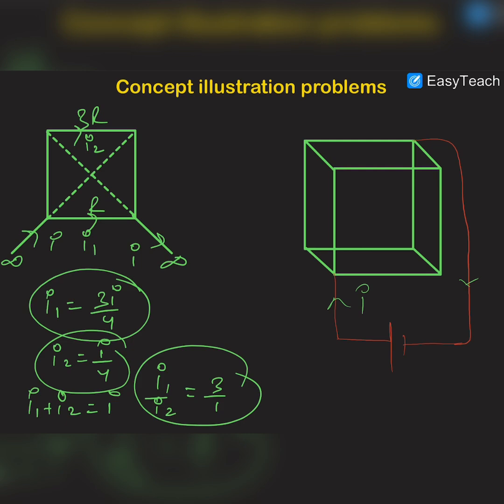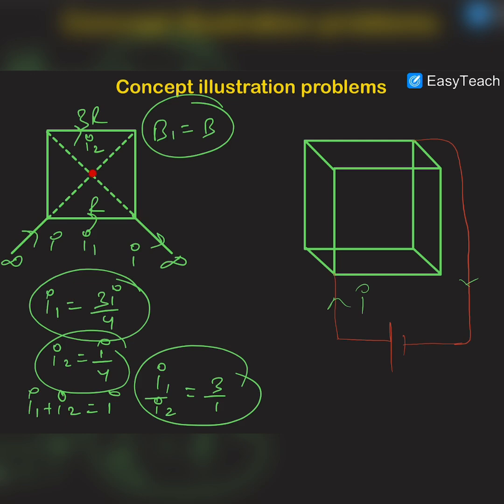So the magnetic field of this one wire is B1, and let us suppose that it is B. In the formula of B we have substituted the value of I1, which is 3I by 4. B2 is the magnetic field due to all these three wires, and you can see that the magnetic field of the upper three wires and the magnetic field due to the lower wire will be against each other and opposite in direction.